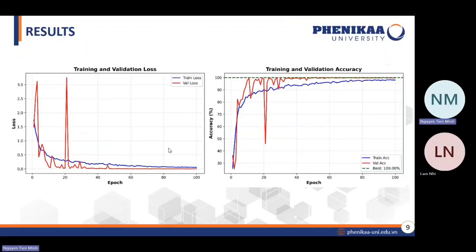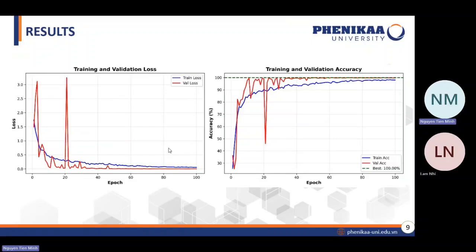After approximately 20 epochs, the loss continues to decline and stabilize near zero, showing good convergence. A few spikes appear in the validation loss around epochs 5 and 20. The fluctuations are likely due to the small validation set or variations in sample difficulty, which is common in limited datasets.